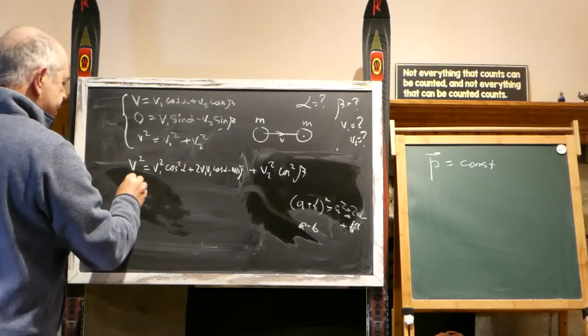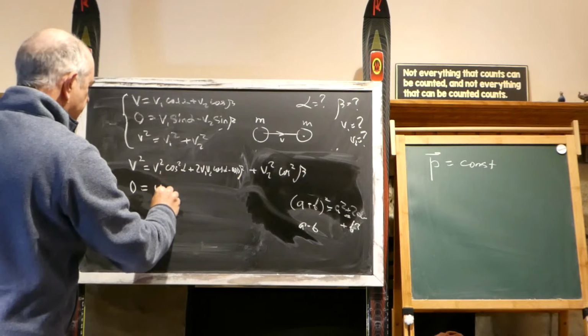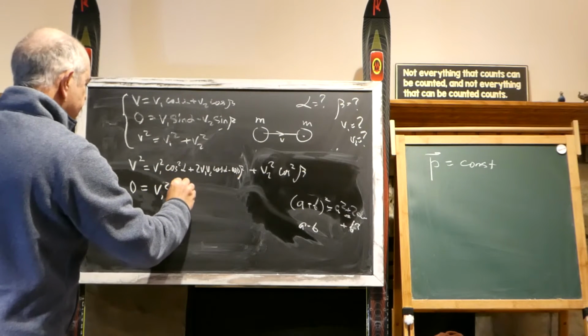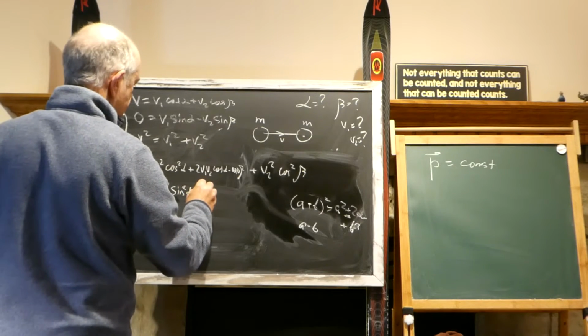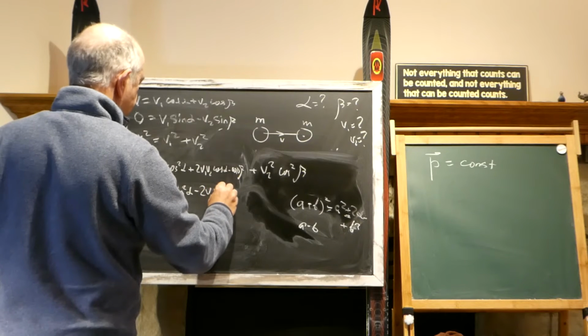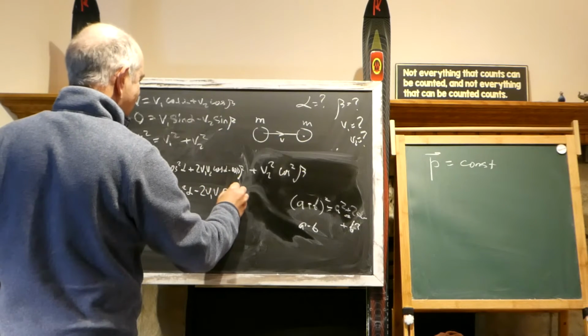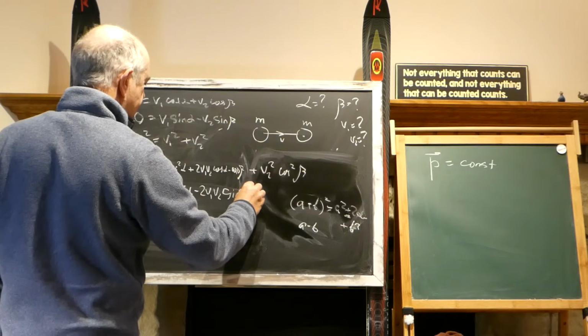So I square this, it would be 0, and this would be v1 squared sine squared alpha minus 2 v1 v2 sine alpha multiplied by sine beta.